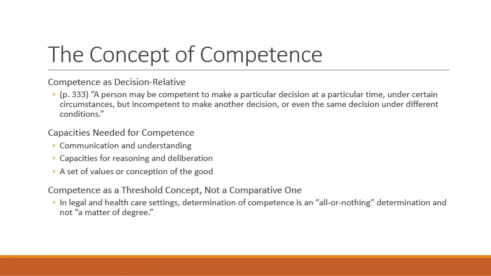One thing that they do get into in this section, which is a little bit difficult to understand, is this discussion about how competence, whether relative or fixed, is to be understood as a threshold concept instead of a comparative concept.